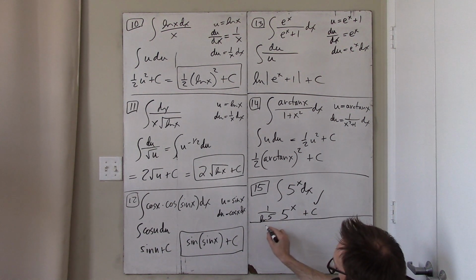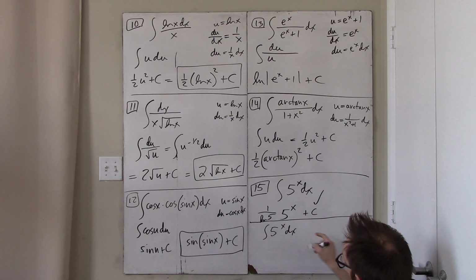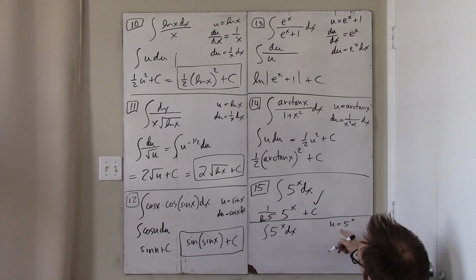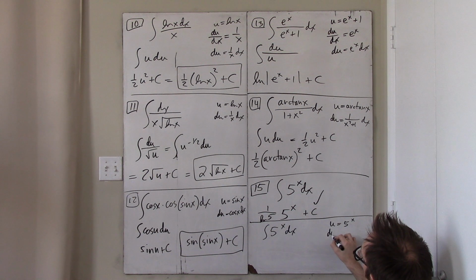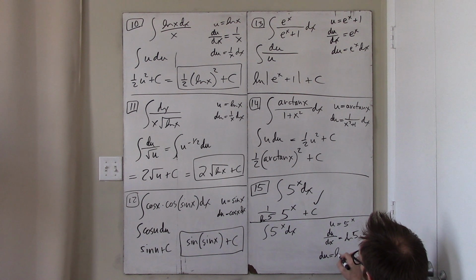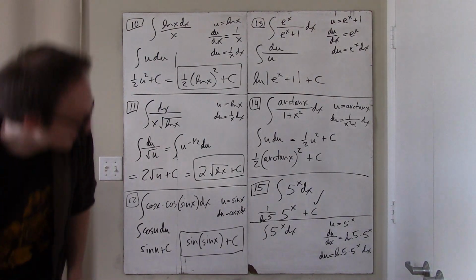If you want a more systematic way of doing it, you could do a u-sub. You could let u be 5 to the x. Some people find this confusing though. Then what's the derivative of 5 to the x? Like I just said, it's ln 5 times 5 to the x. And so du is ln 5 times 5 to the x dx. In other words, it's almost what's in there, but not quite.